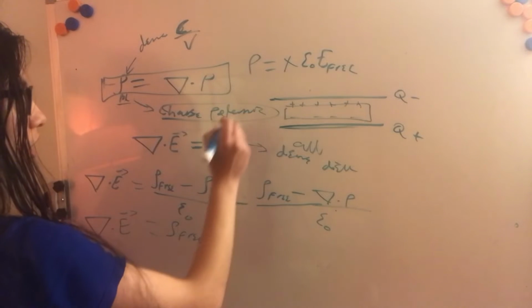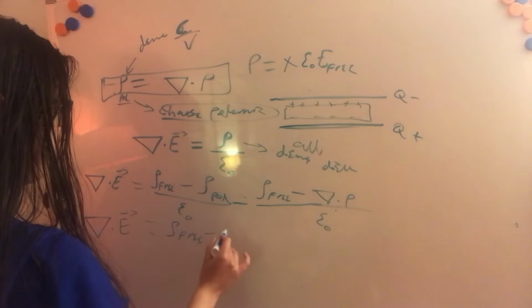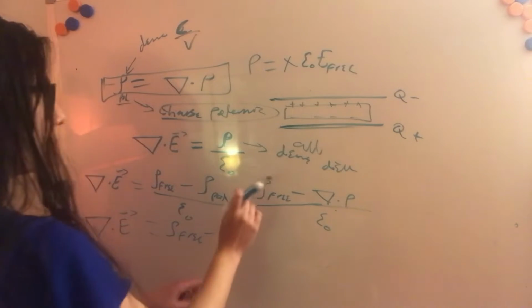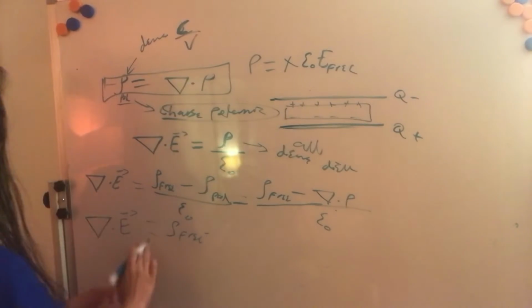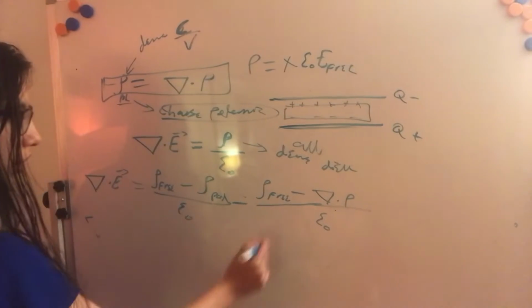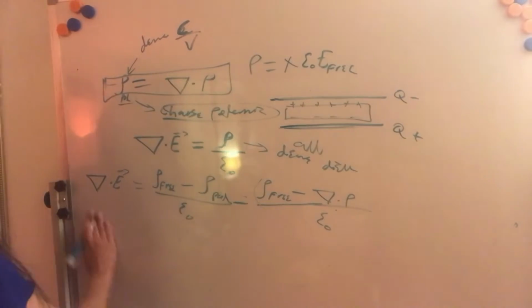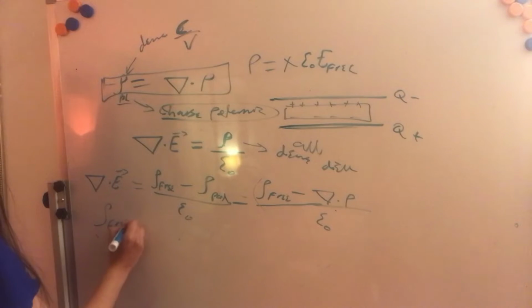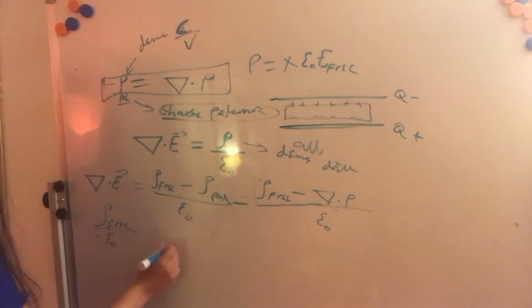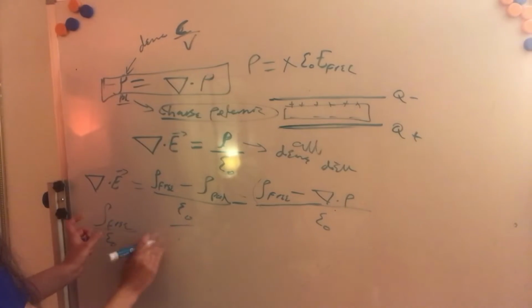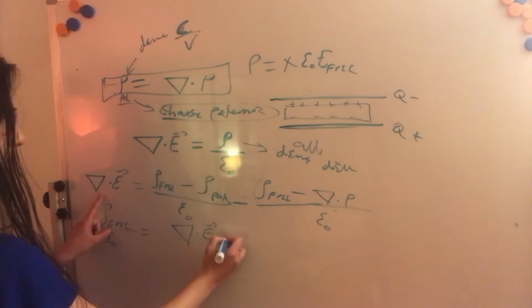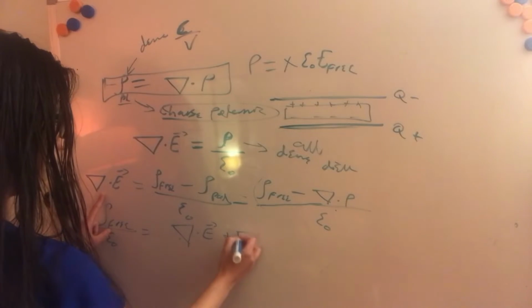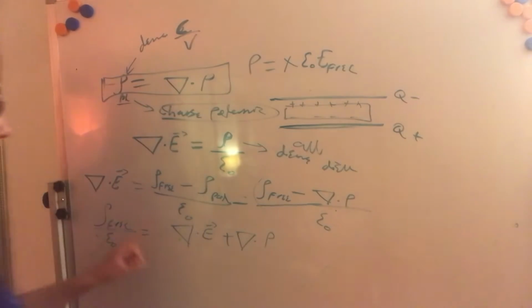minus, well, let me solve first for this part. So rho free divided by epsilon naught is equal to the divergence of the electric field plus the divergence of the electric dipole moment per volume.